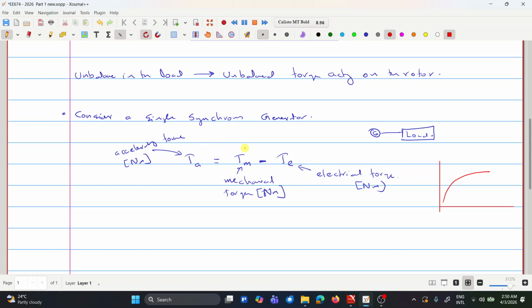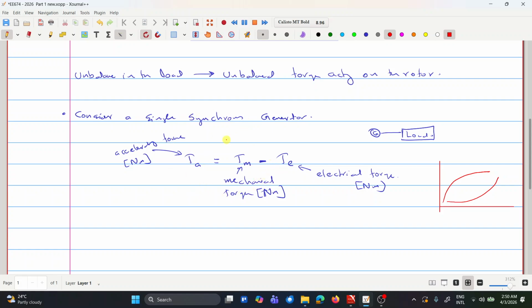And if your load is constant and you increase the energy coming into the machine, then your mechanical torque will increase and that will increase the acceleration of the machine.